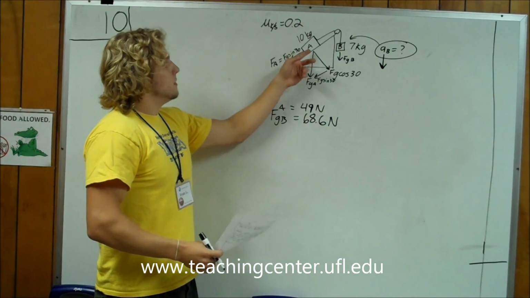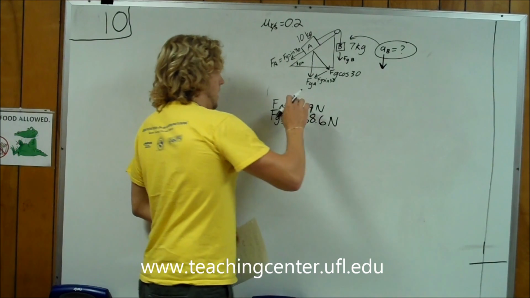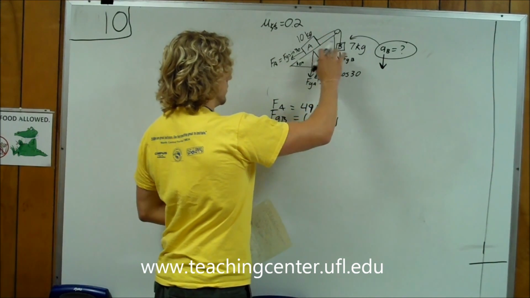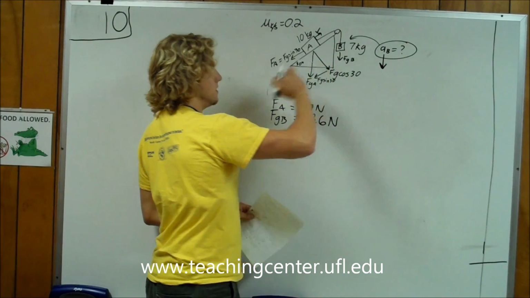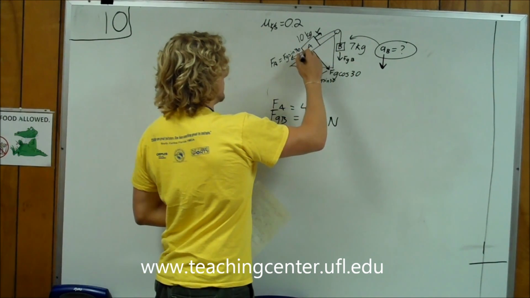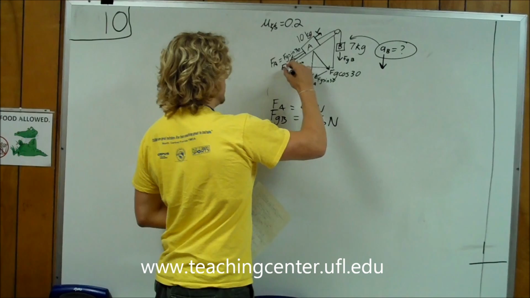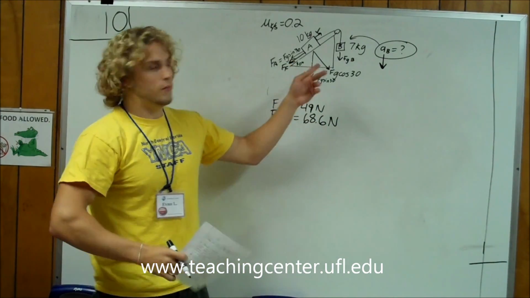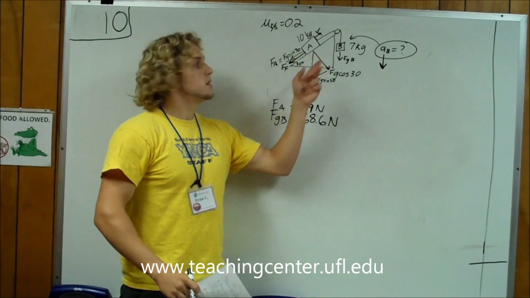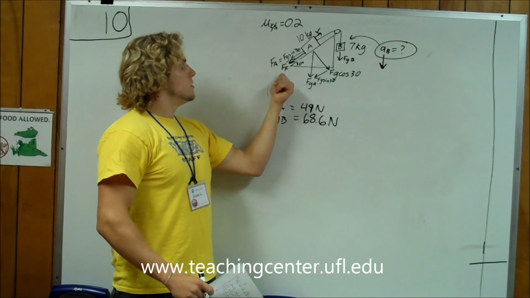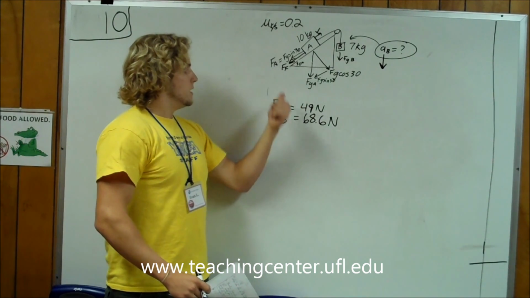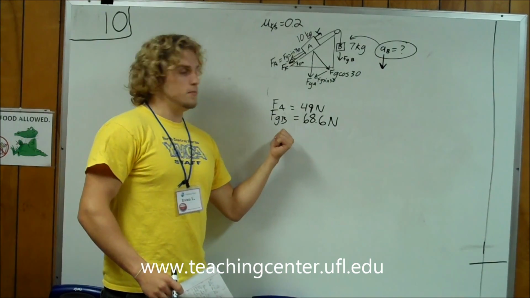Now, that means A is going to be moving this way, the velocity is going to be moving that way, so frictional force opposes velocity, which means it's going to be adding to FA and opposing FGB.